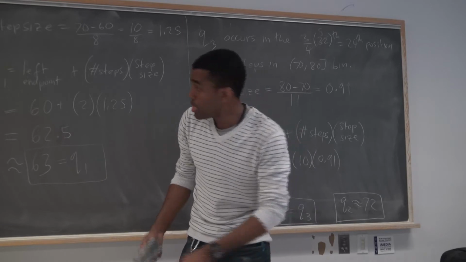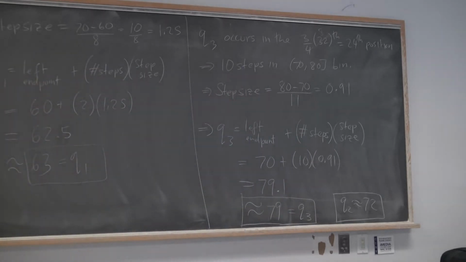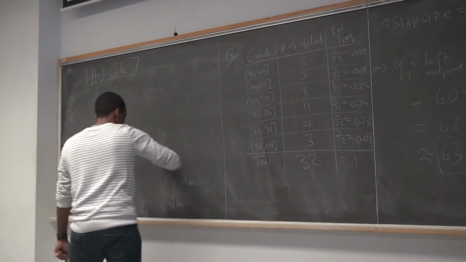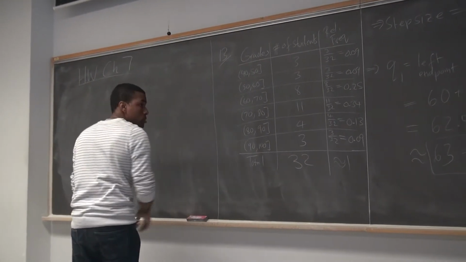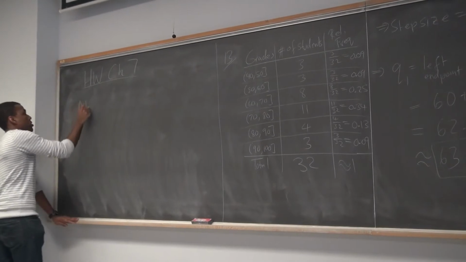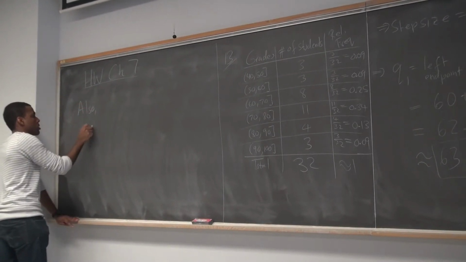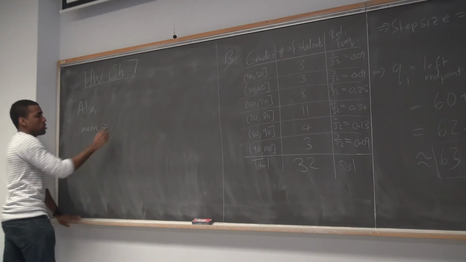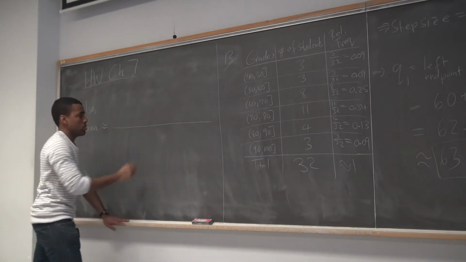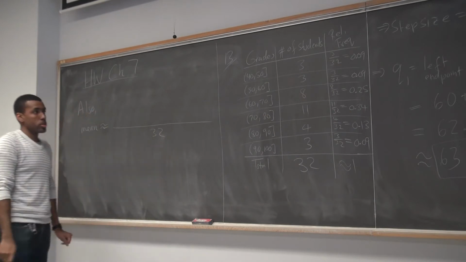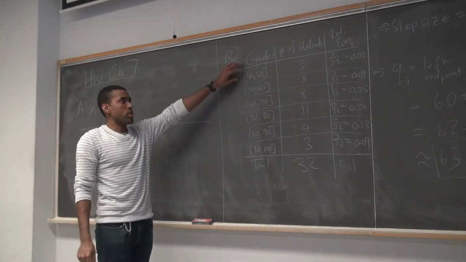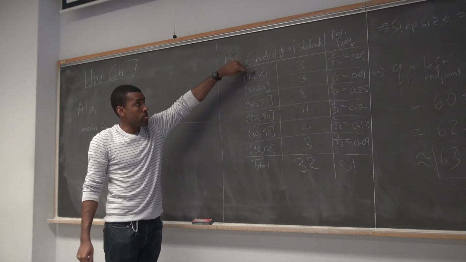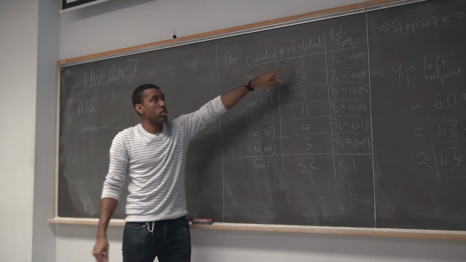What else do we need? Now we need the mean, and we only need an estimate for the mean. The mean is going to be approximately equal to this estimation. There are 32 total numbers. Remember for the mean, we assume that we take on the average value in each interval. So we have 45 as the average here, and there are 3 of them.